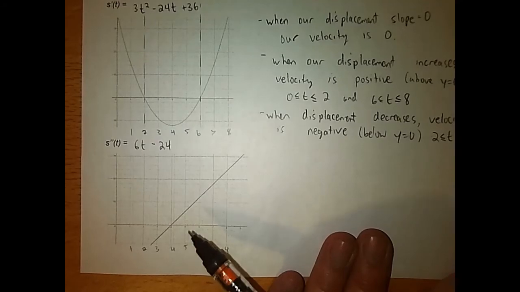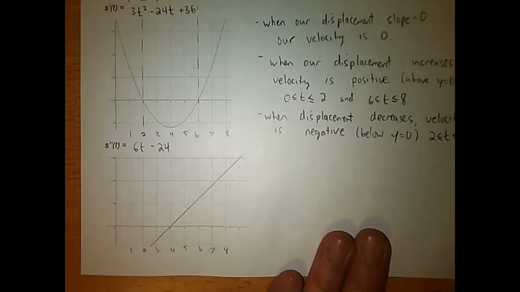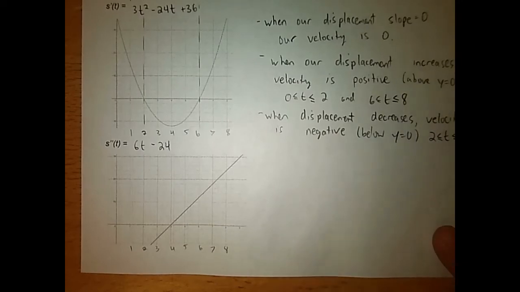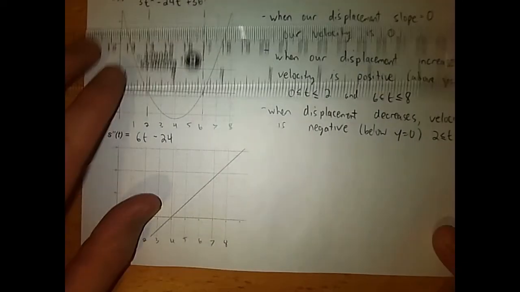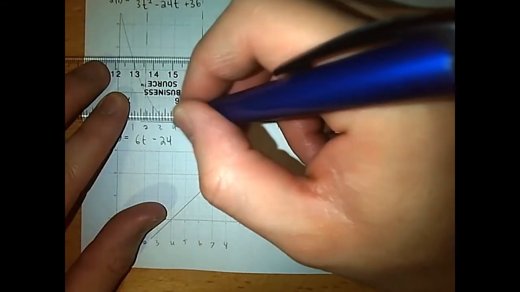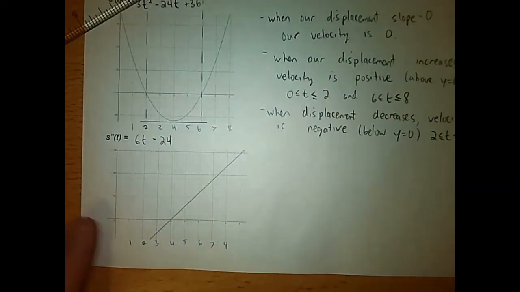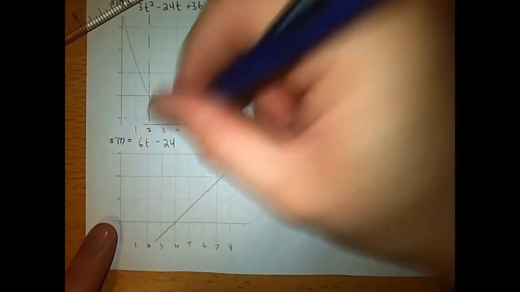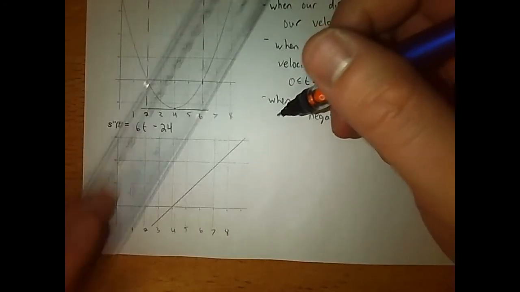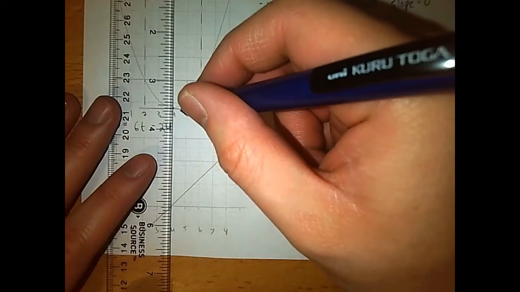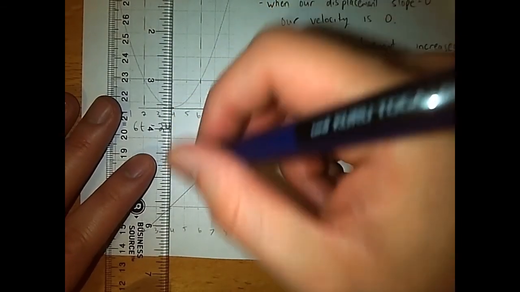I'd have a y-intercept at negative 24, which is down here. But what can we notice here? Same kind of idea where the slope in my velocity graph at the vertex is 0. And that also lines up with where our acceleration graph is at 0, which is right here.